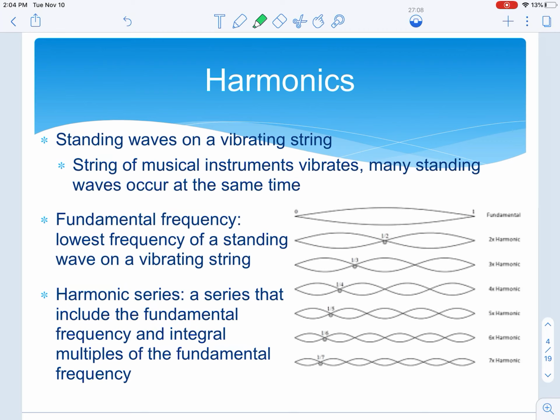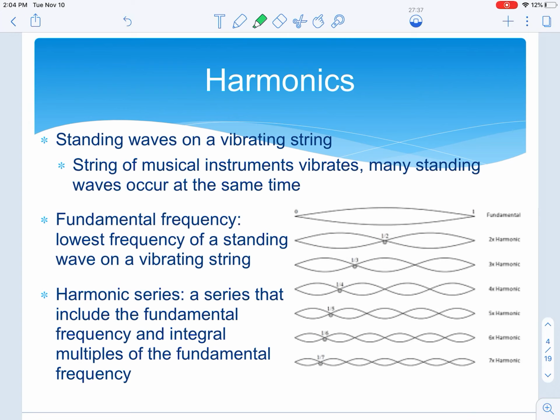And then if we simply increase our frequency at that increment, so if we say that our first frequency to create a standing wave is 6 hertz, then every multiple of 6 is going to create an additional standing wave. So our harmonics is a series of frequencies all based off of whatever that very first frequency was.